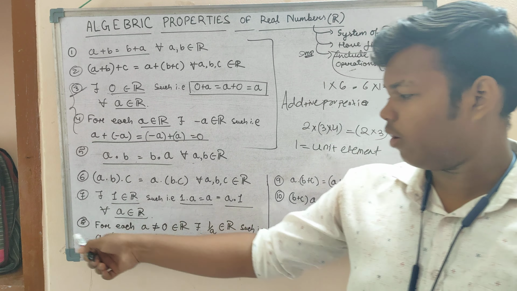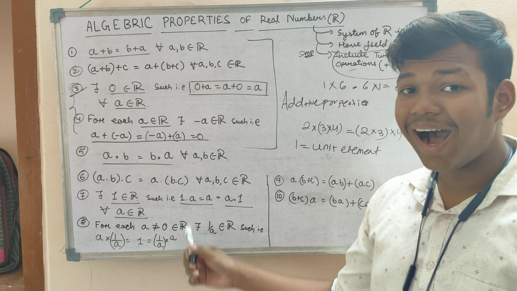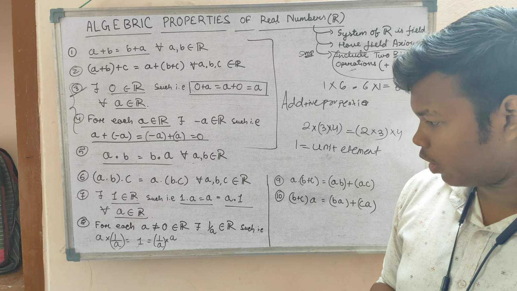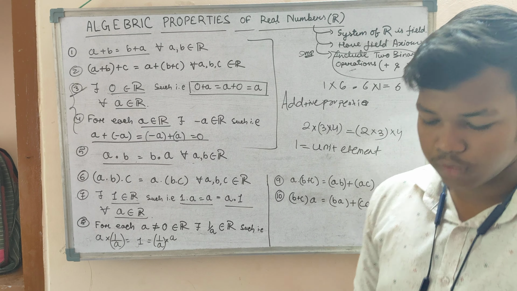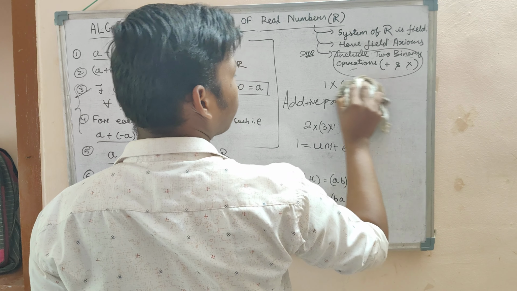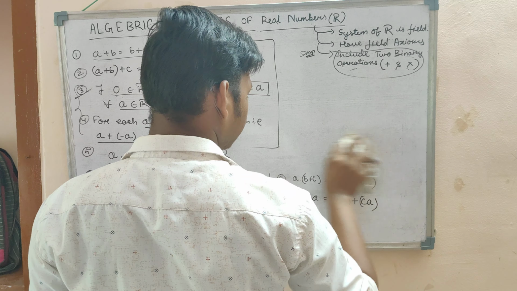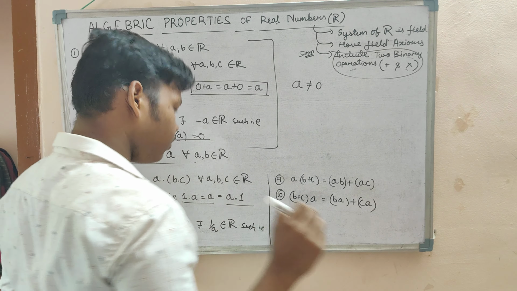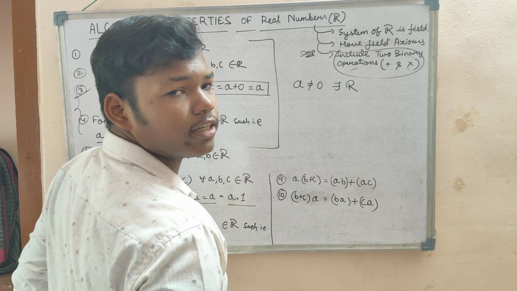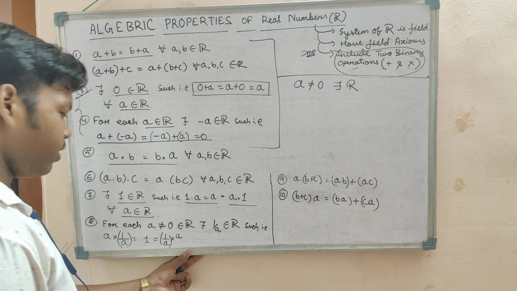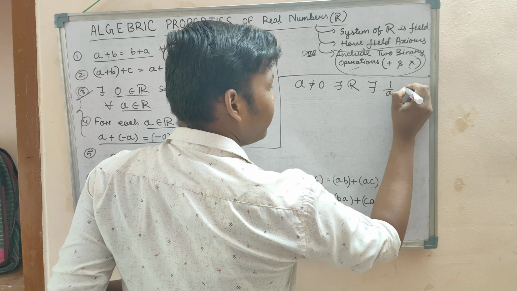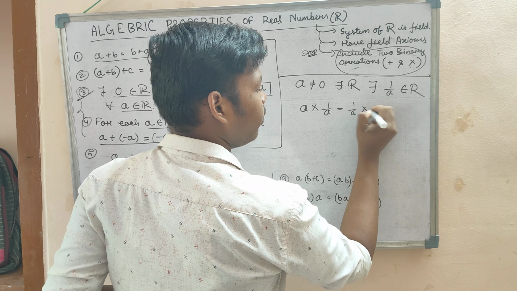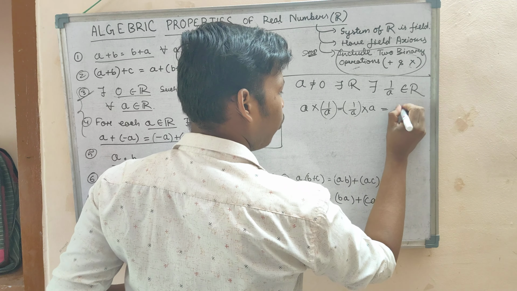Then we are going to the 8th point. For each a not equal to 0 in R, there exists 1 by a belongs to R such that a into 1 by a is equal to 1 by a into a is equal to 1.